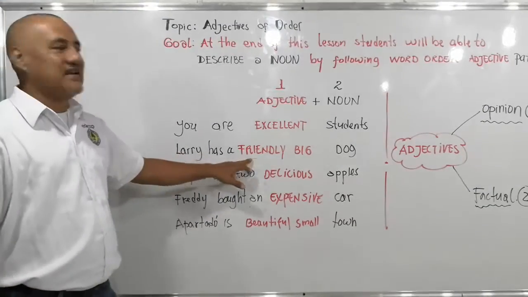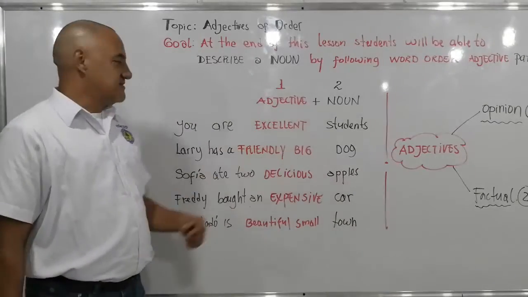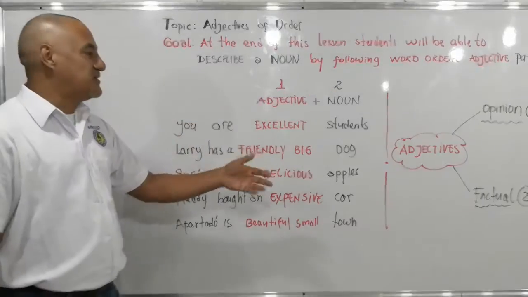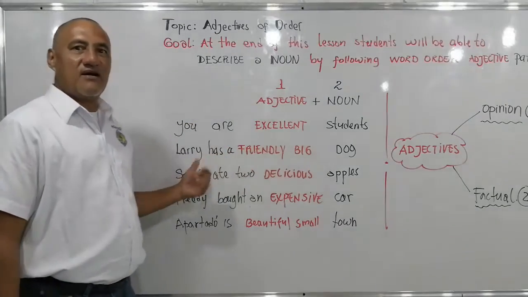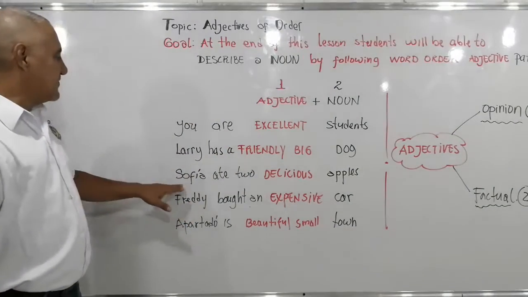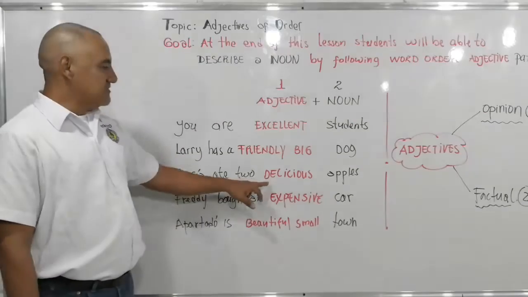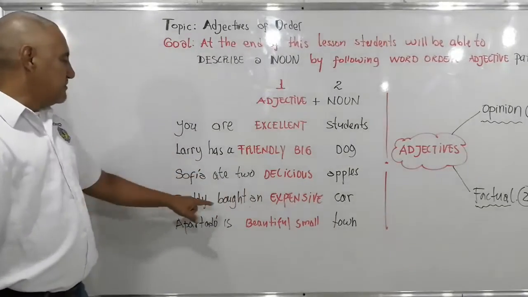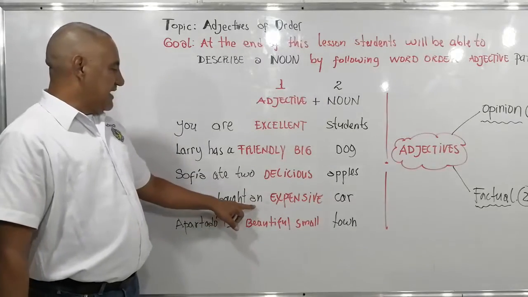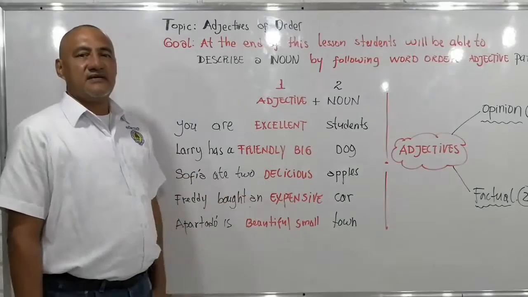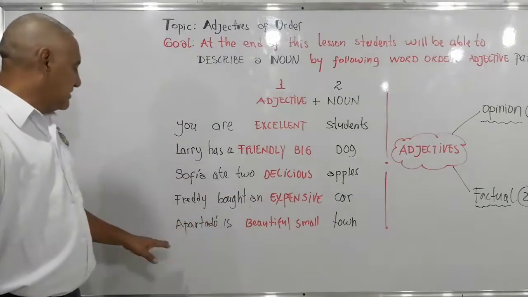Larry has a friendly big dog, right? This is just telling more information about the dog Larry possesses. Sophia ate 2 delicious apples. Freddie bought an expensive car. So it's telling us what kind of car he got.